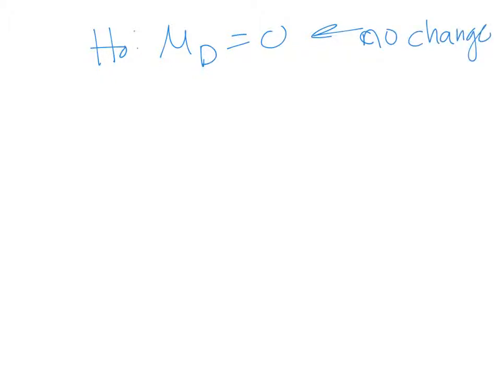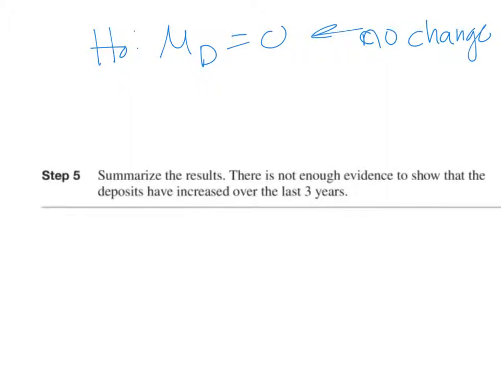Remember that our null was mu d equals 0, meant no change. So my final hypothesis statement is there is not enough evidence to show the deposits have increased over the last 3 years. No change. That's what we decided.